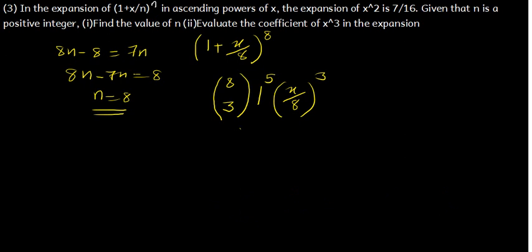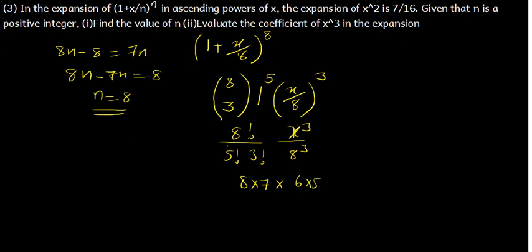8 combination 3 means 8 factorial divided by 8 minus 3, that is 5, we put a factorial, and then the same 3 we are subtracting with, put a factorial, and then we can distribute the power 3. So that is going to give me, let me just write 1, and then x to the power 3 and 8 to the power 3. So 8 factorial means 8 times 7 times 6 and then times 5.